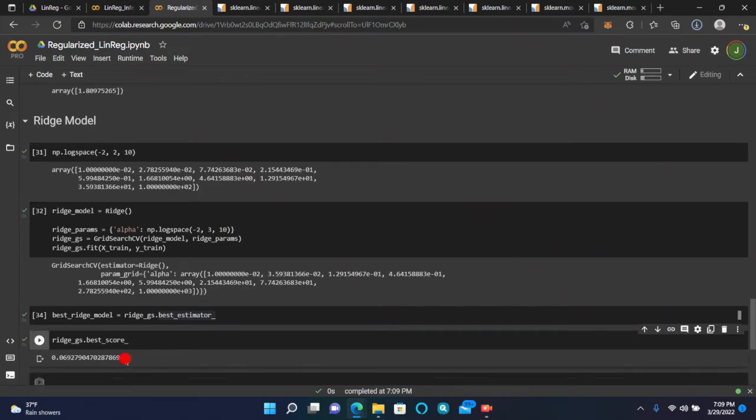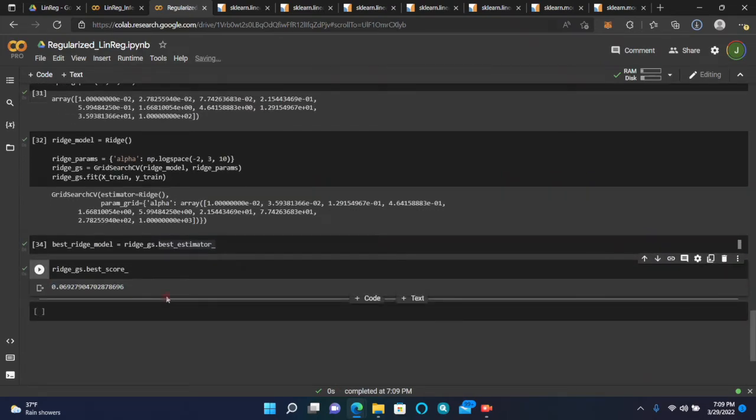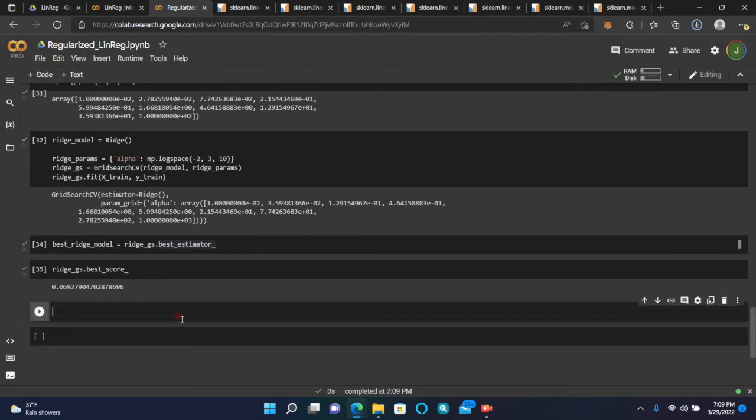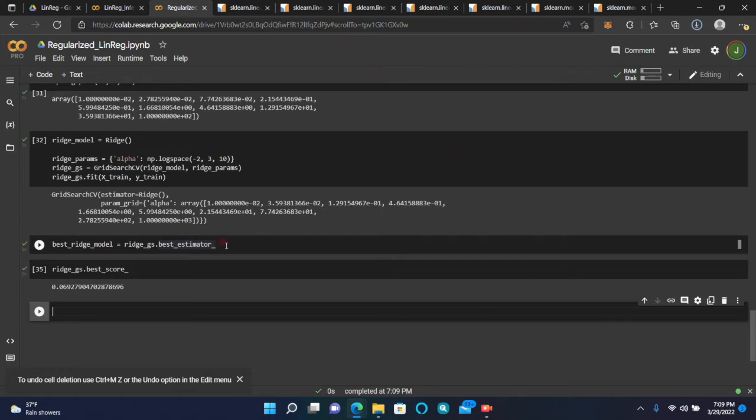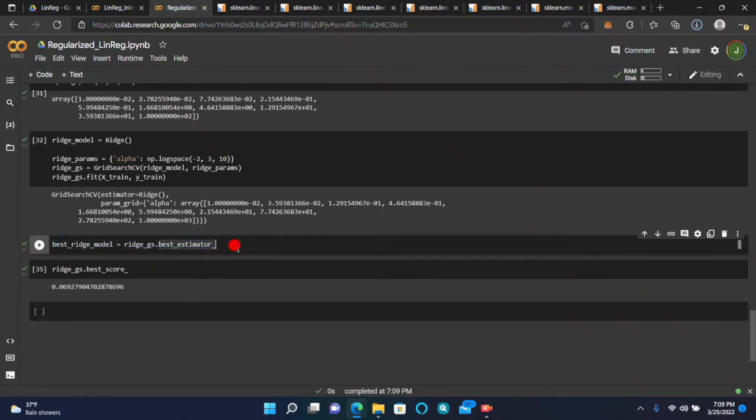Its best score was 0.069. Not bad. So we've got our best ridge model. It's right here. It has an alpha value of 77 point something.